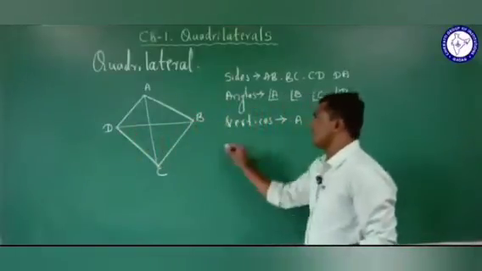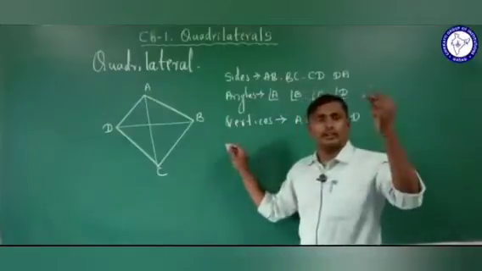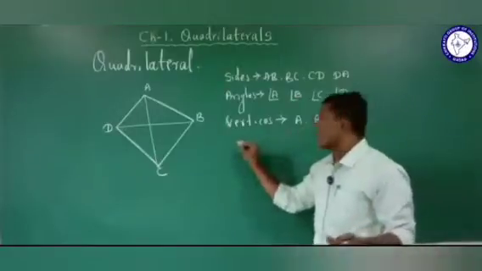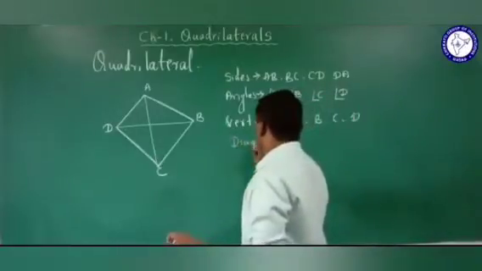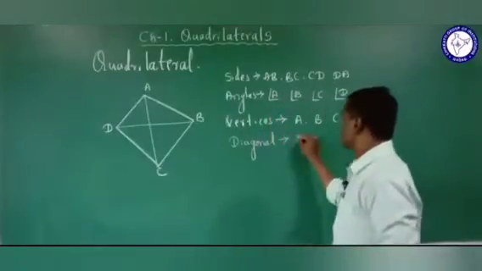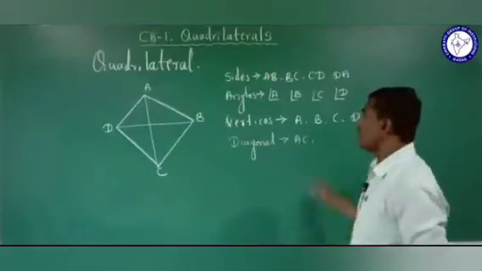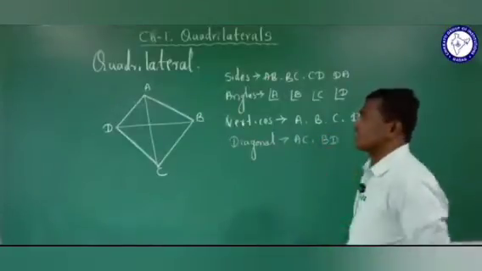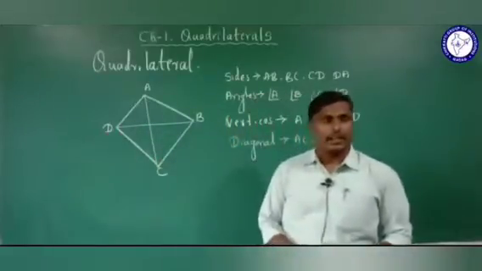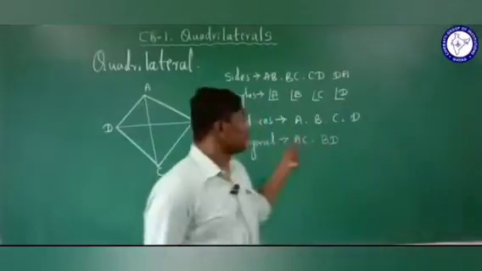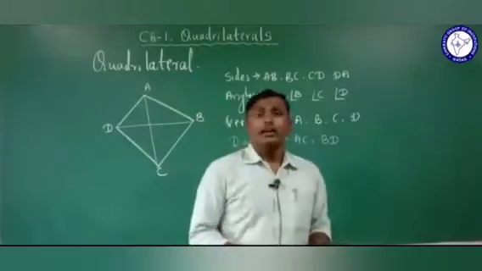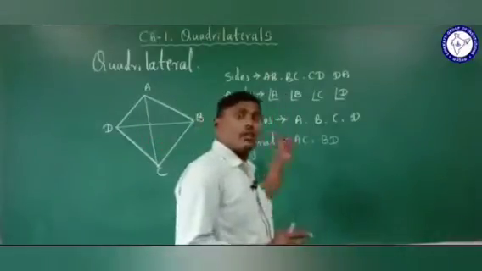So in a quadrilateral there are four sides, four angles, four vertices and two diagonals. AC is the first diagonal and BD is the second diagonal. These are some basic concepts related to quadrilaterals.